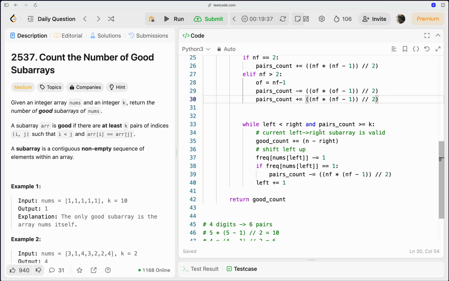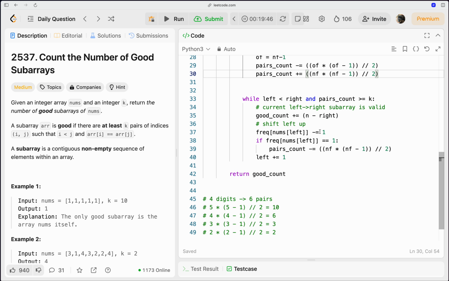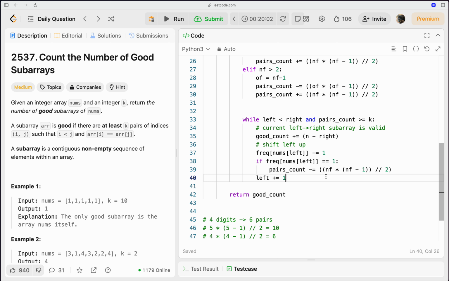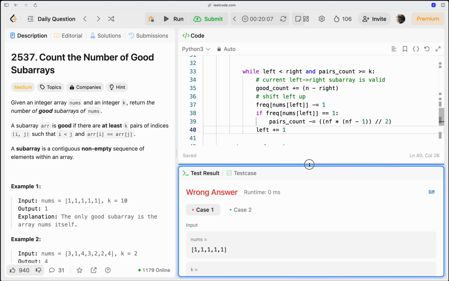And then same thing with the pairs count, right? Actually, I don't know. Maybe I'll decide that. Let me run this first.